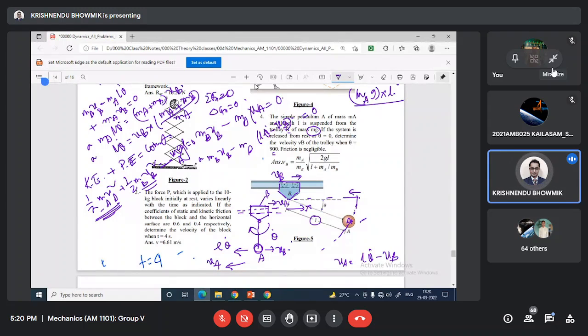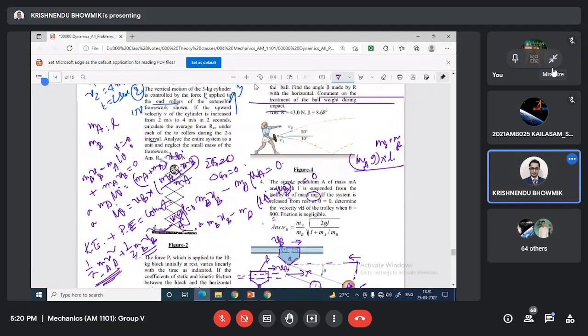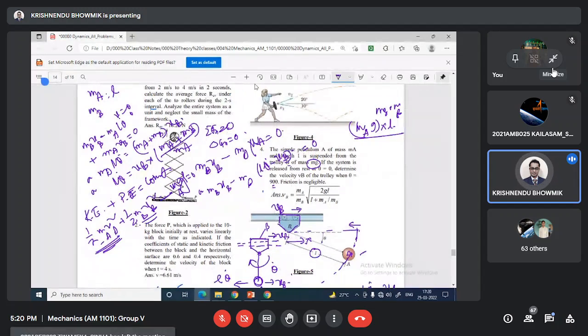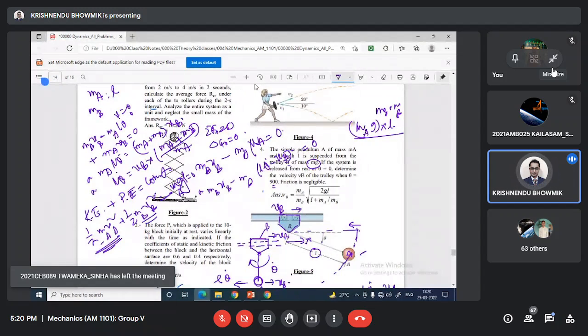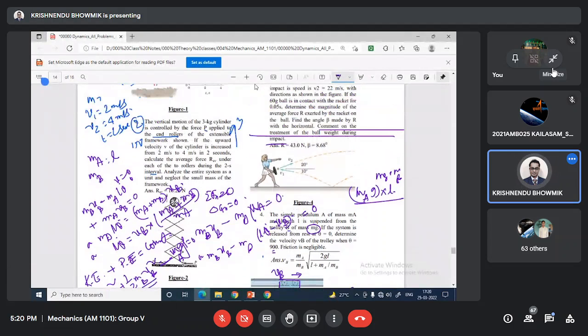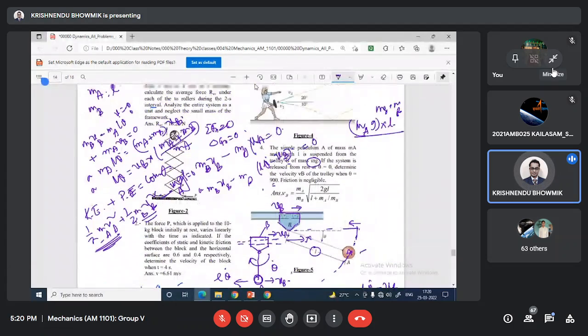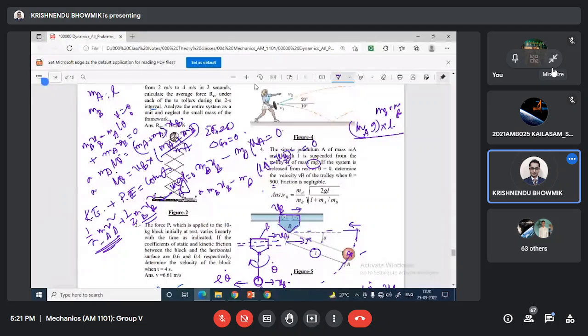So the effective velocity will be L theta dot minus VB, that we got. Initially it was 0, finally theta equal to 90 degrees. That is the problem given. Then from where we have started, as there is no force applied, momentum will be conserved.